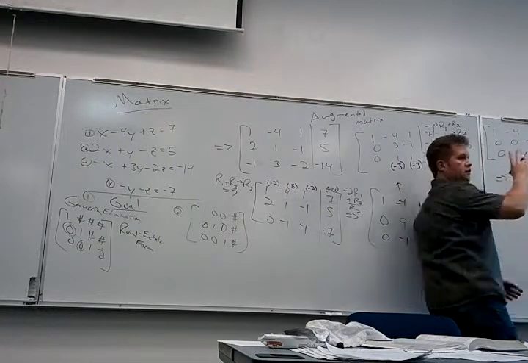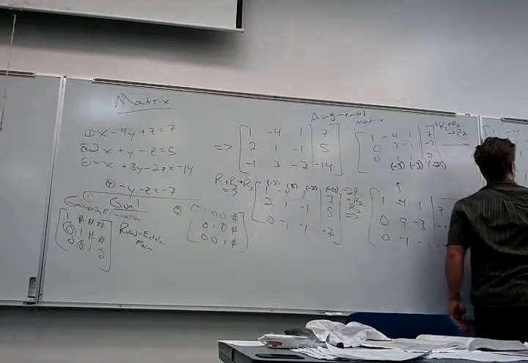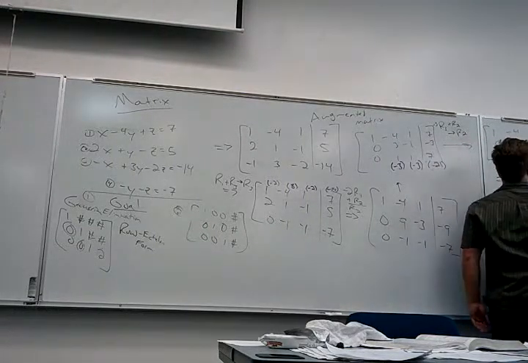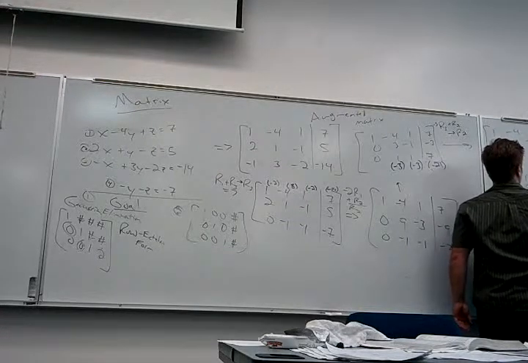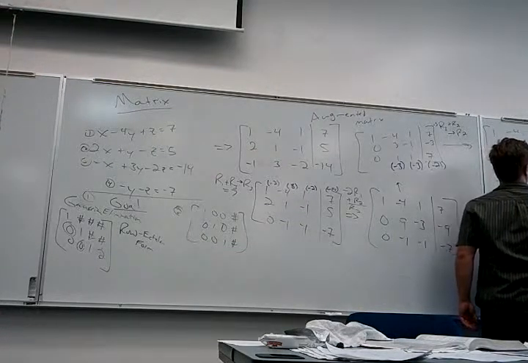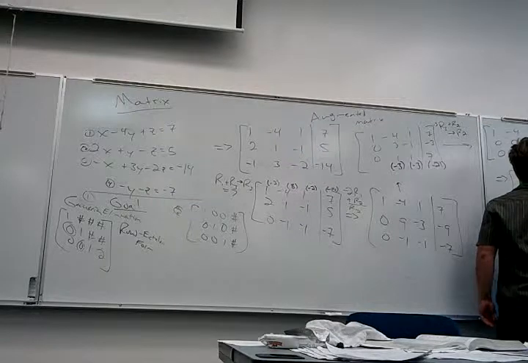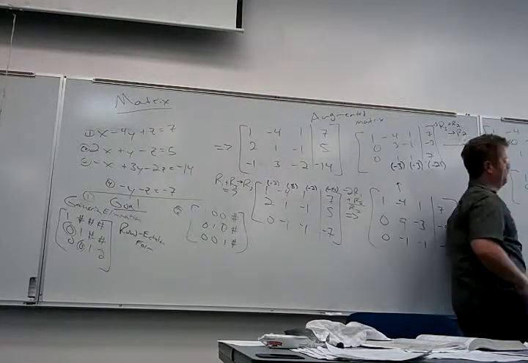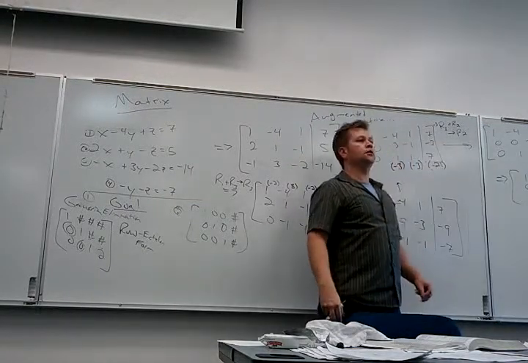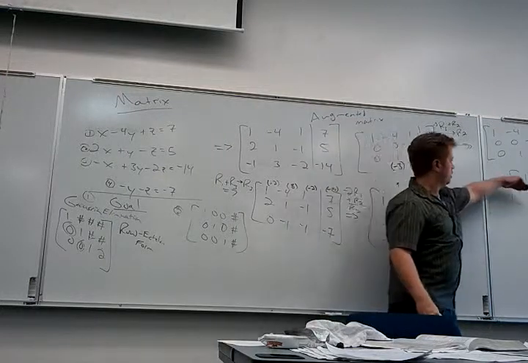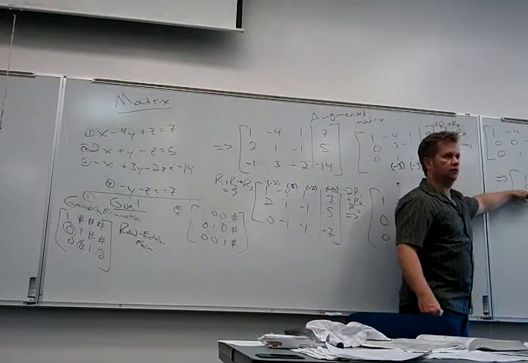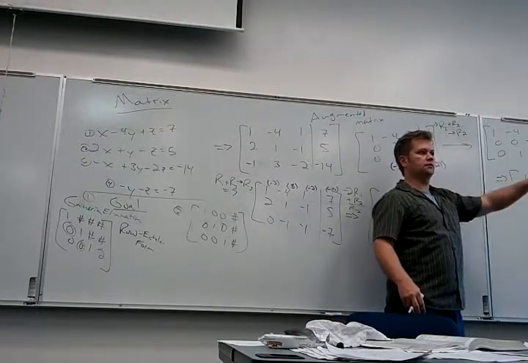So just to make it look the same, don't worry, I can switch those around. Z is 6. Yeah, good. Right, now in this row I can divide by negative 4. And I can see that Z would be 6. Cool.